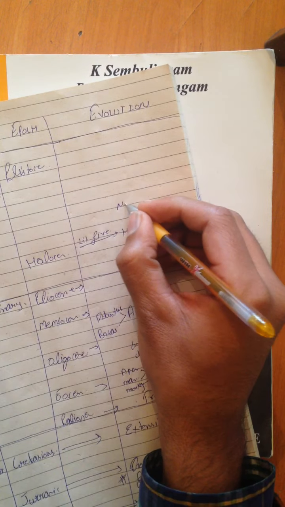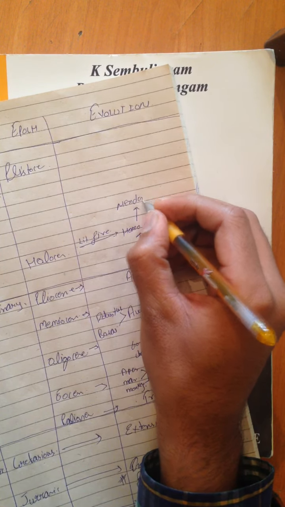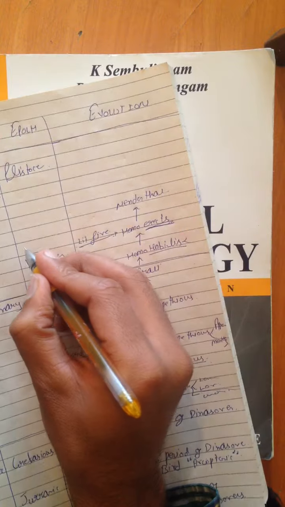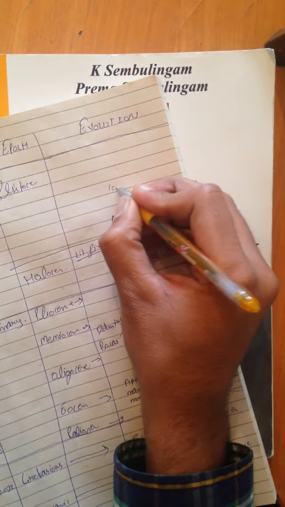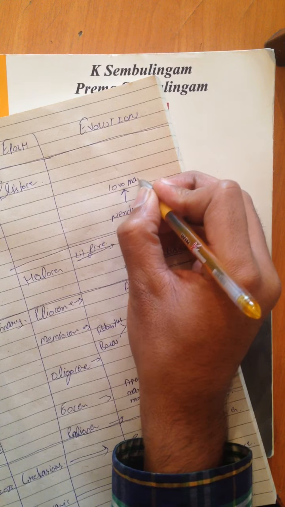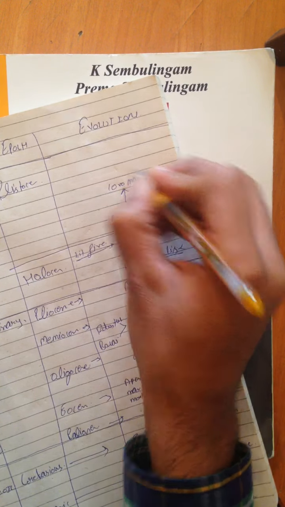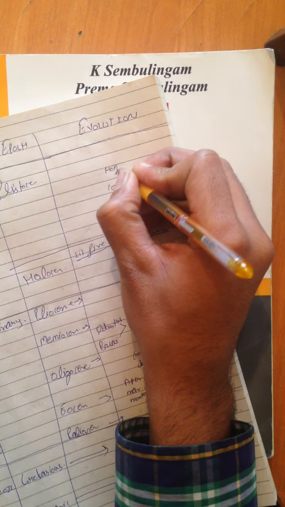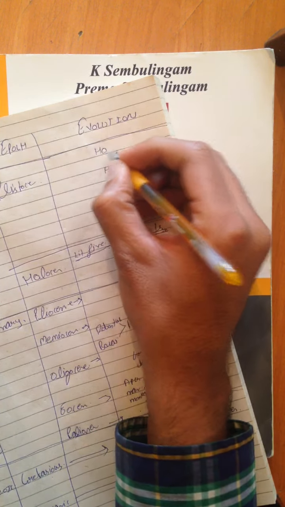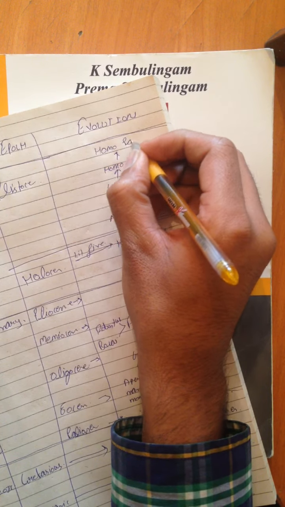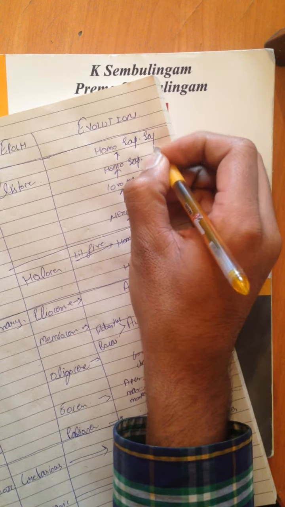Then Neanderthal. Then Cro-Magnon. Then Homo sapien. After that Homo sapien sapien.